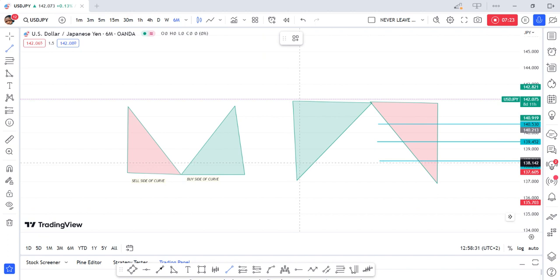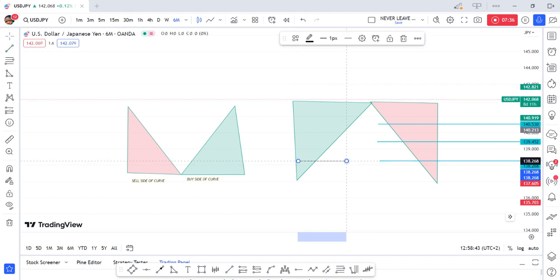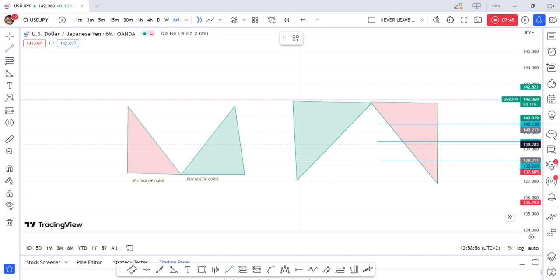But if you know where the turning points are, even if the market is still taking your direction, you will always be in profit. It's very, very important to understand where the turning points are.